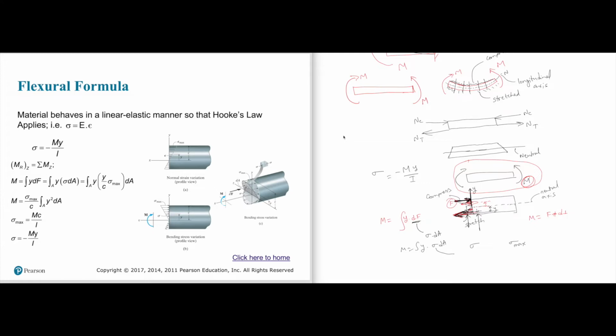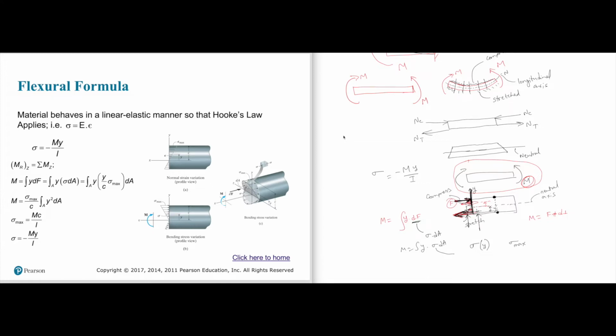So sigma at any y, that means sigma as a function of y, where y is the y coordinate. At different y's you have different sigmas; sigma here is bigger, sigma here is larger. That means farther away from the neutral axis, you have a higher normal stress when there is a bending moment.